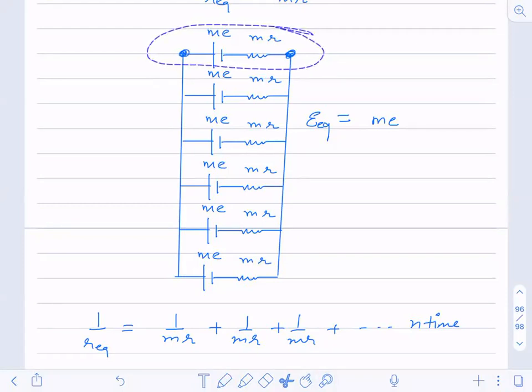For the highlighted part of the circuit, what is the potential difference now?